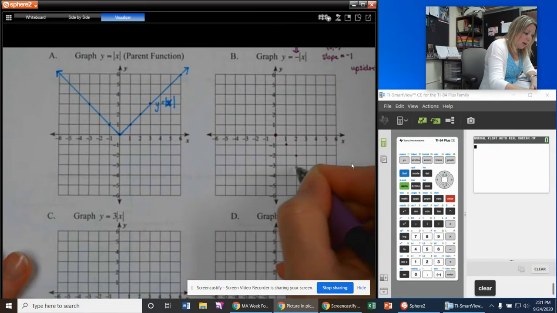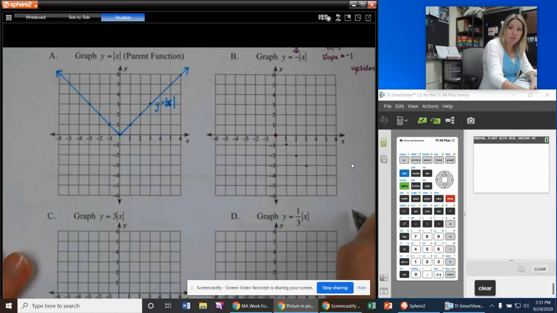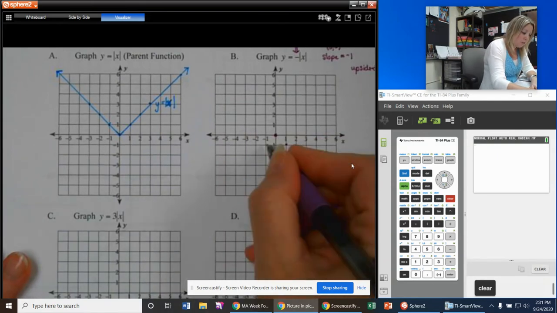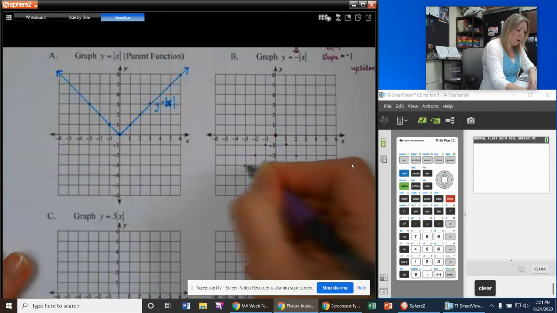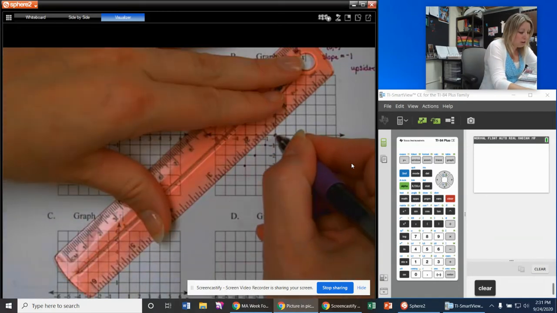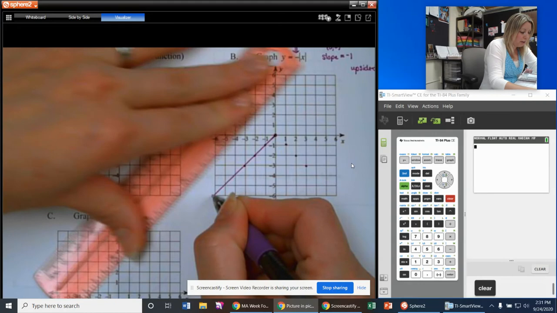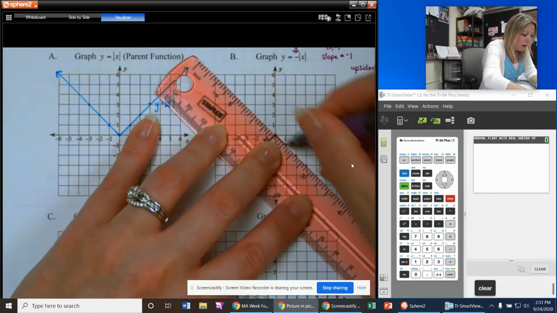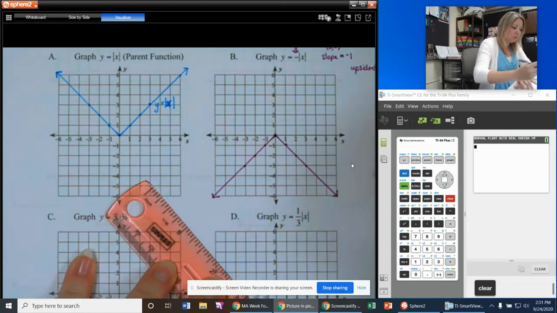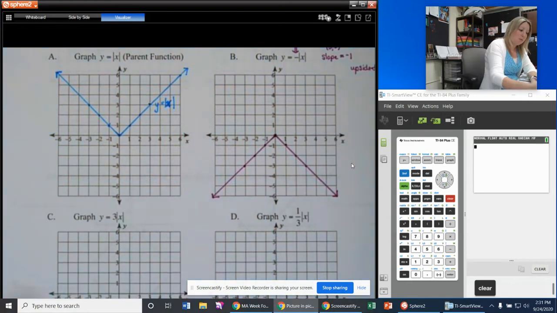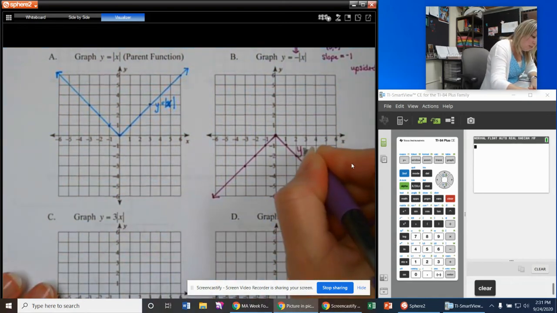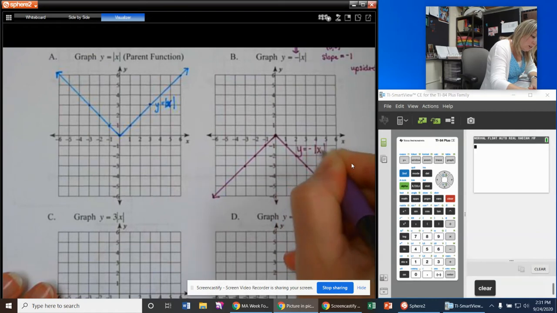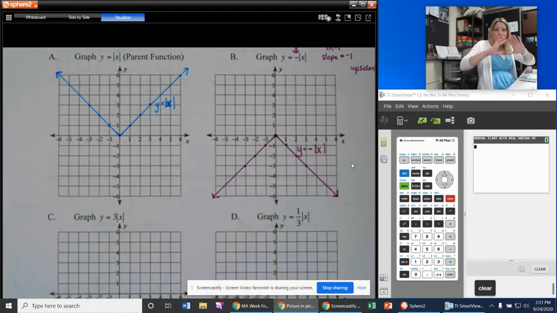And notice that ends up giving you this slope this direction. Well, of course, the other side of the vertex, you do the opposite. And then I use my straight edge to connect and cover my whole graph and do all the labeling and all the things that you know you're supposed to be doing. And there we go. Awesome. Label. And see, that negative out front just flipped us upside down from the original parent function.